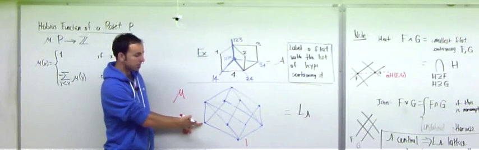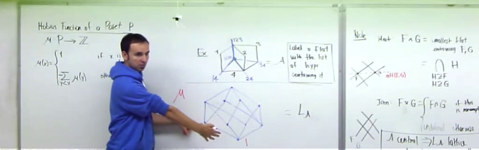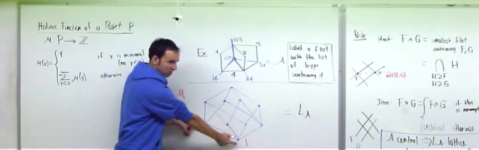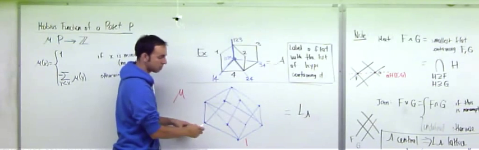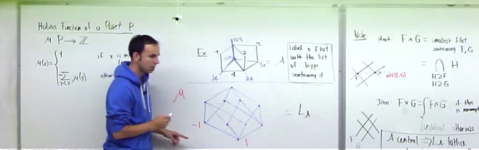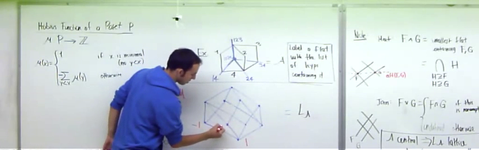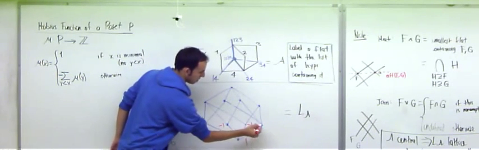Well, I look at the elements below it in the poset. There's only this one, and I add them up, and I switch the sign, so I get -1. Okay, and clearly I get a -1 for each one of these guys. -1, -1, -1.